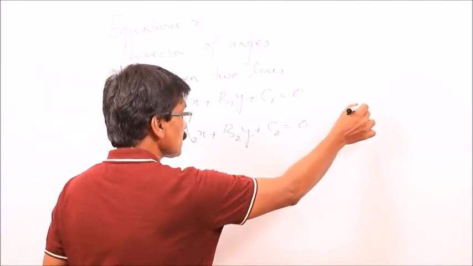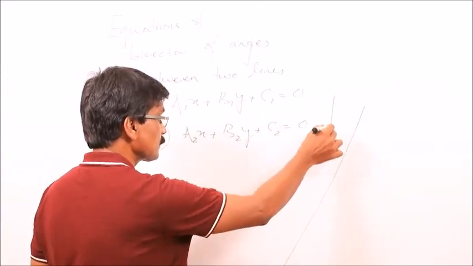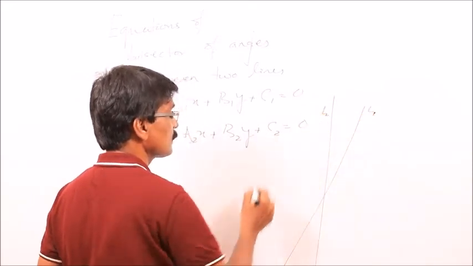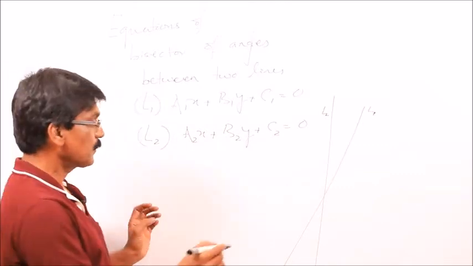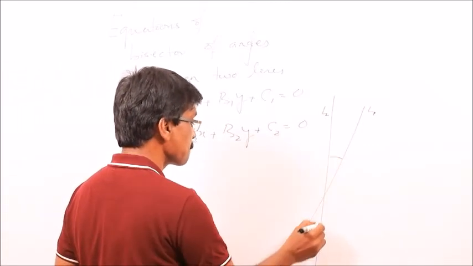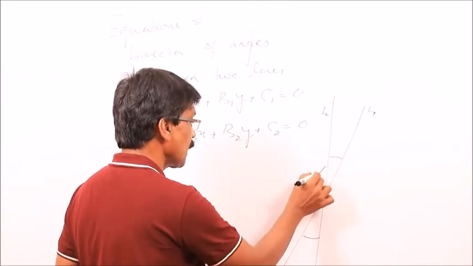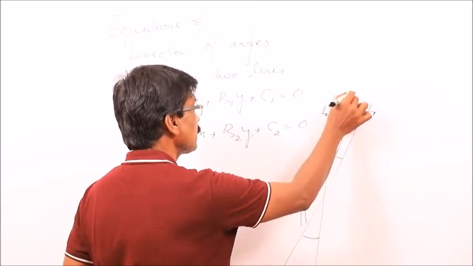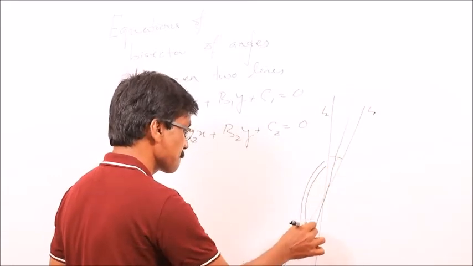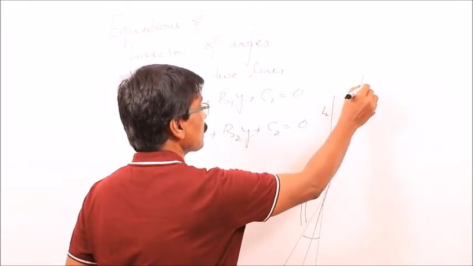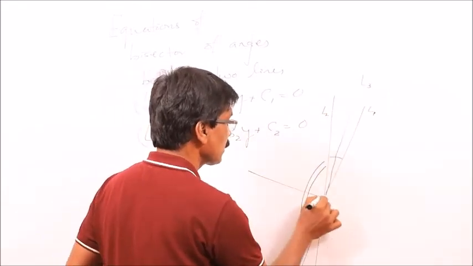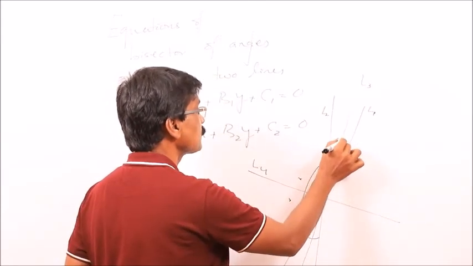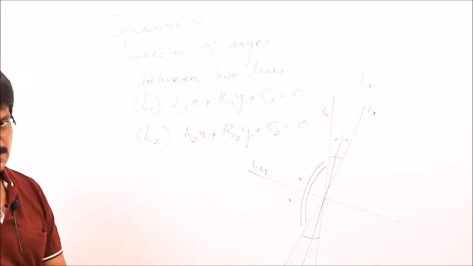Suppose two lines intersect each other. Then we have two internal angles and two external angles. If we bisect the internal angle and bisect the external angle, we have the equations of bisectors.